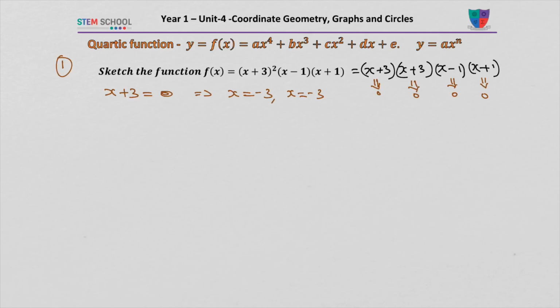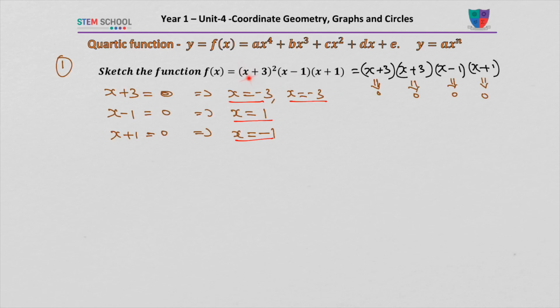And then the other one is x minus 1 equal to 0, and that implies that x equals 1. And then we have x plus 1 equal to 0. Again, that implies that x equals minus 1. So these are the 4 roots we can use to sketch the curve.